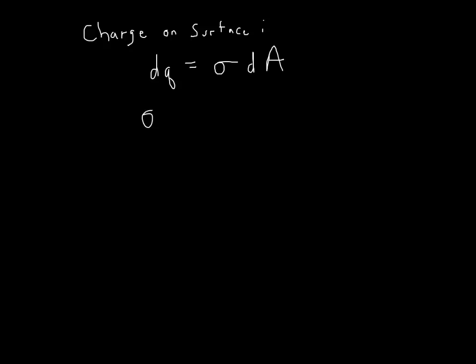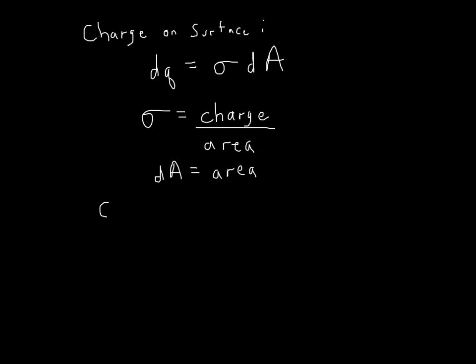So our sigma is going to be the charge, but it's not spread over a length like our charge along a line. It's going to be the charge divided by the area, the charge divided by where it's spread out. And dA is going to be a little differential piece of area.